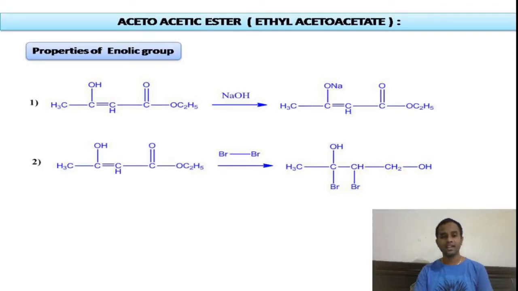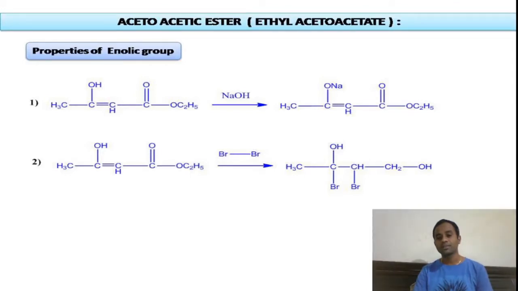Similarly, in the second reaction, you can see this enolic group has a double bond. This double bond will undergo an addition reaction with bromine. This reaction is very helpful in the laboratory for the identification of double bonds.